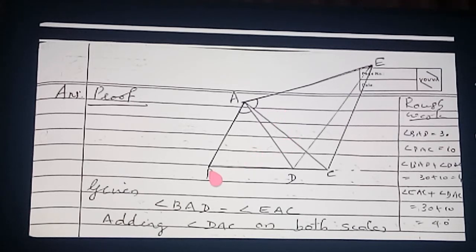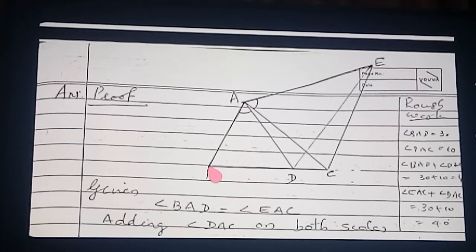And for taking angle BAC, which angle do we also want to join? This angle which I am marking is angle DAC. So BAD equal to angle EAC is already given in your question.